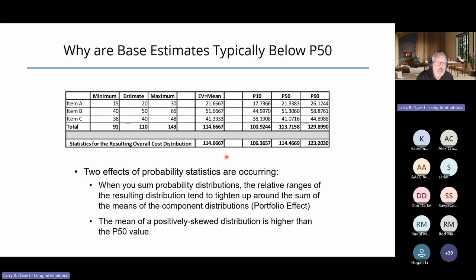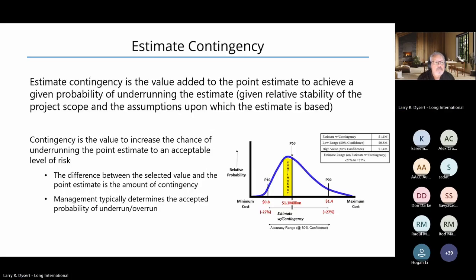Then also, we always need to understand that the actual average, the mean of our positively skewed distribution, is higher than that median or P50 value. So again, once we go through Monte Carlo simulation or some other quantitative risk analysis methodology, and some quantitative methodologies you won't necessarily use Monte Carlo, the goal is we have to get the blue curve.